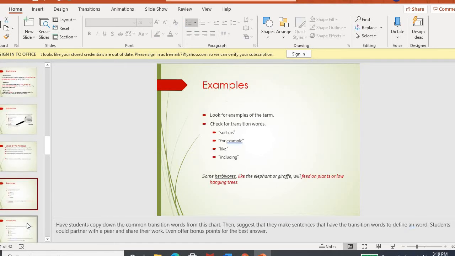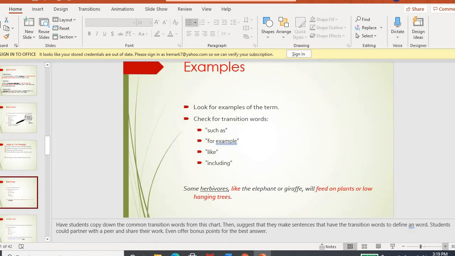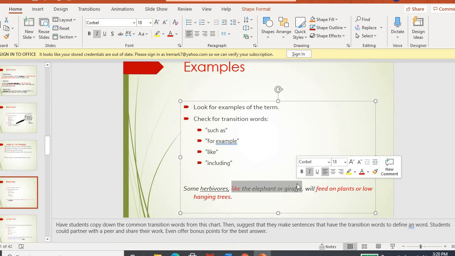Another type of context clue is an example, where authors will use, just like it says, examples. So they might use words or phrases like such as, for example, like. So if you didn't know what an herbivore was, in commas, that's common again, we know there's something going on there, but they give an example, like the elephant or giraffe.